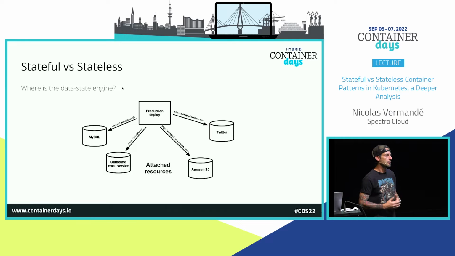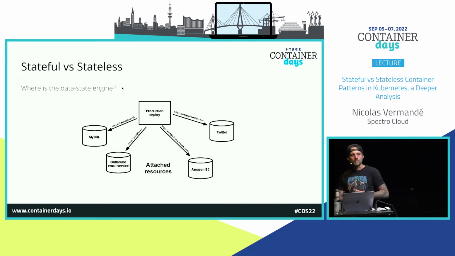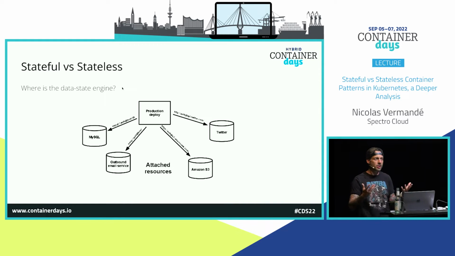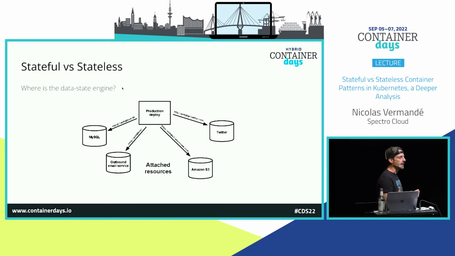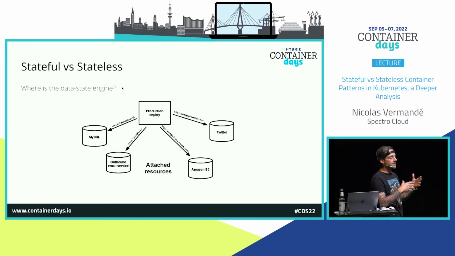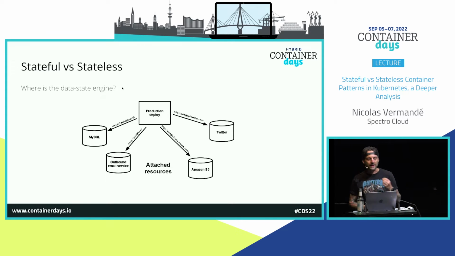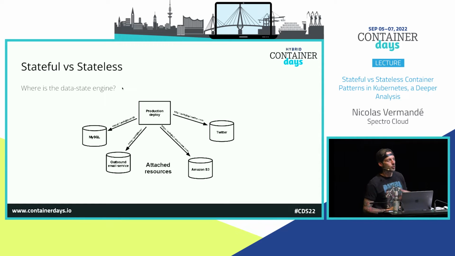Anything that is stateful, such as a database, message queuing, even a cache, should be treated as an external resource, or as an attached resource. And attached resource means a component that can easily be reattached or detached, something that is loosely coupled with the rest of your application components.